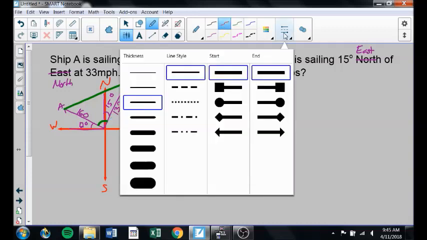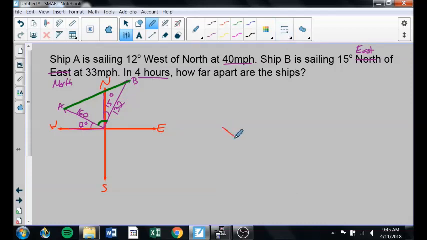So I'm going to redraw this triangle. Where this is 160, and this is 132, and those lengths are already off, but I don't really care that much. I knew that this right here was 12 degrees, and I know that this right here is 15 degrees.